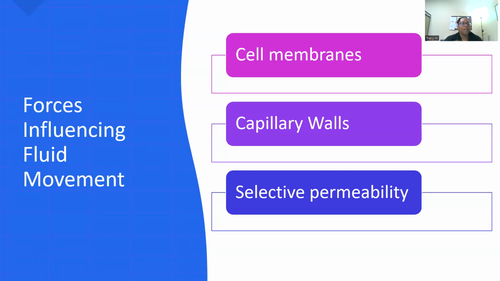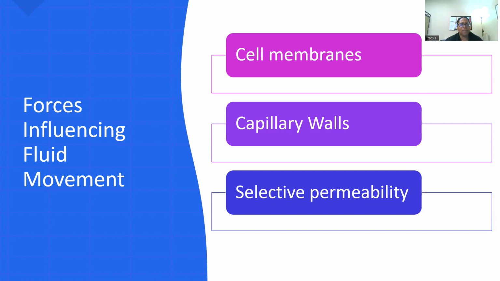All right. Now, when we're looking at the forces influencing fluid movement, we'll first explore cell membranes and capillary walls because they serve as barriers between the body compartments. Now, the selective permeable nature of those membranes allows water and solutes to pass through.